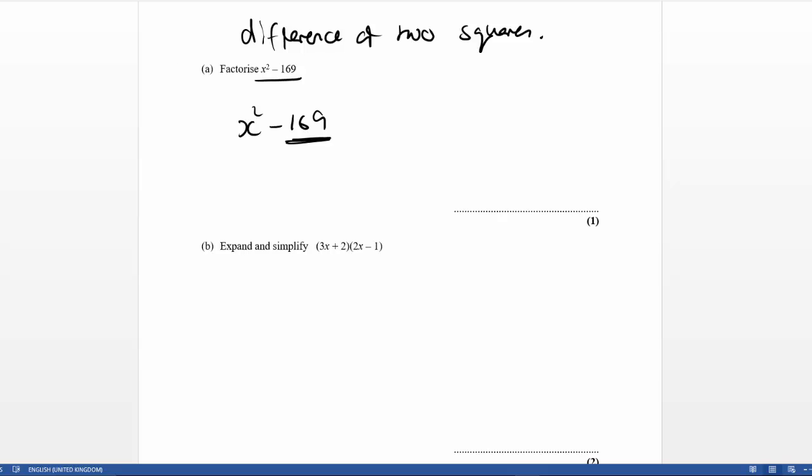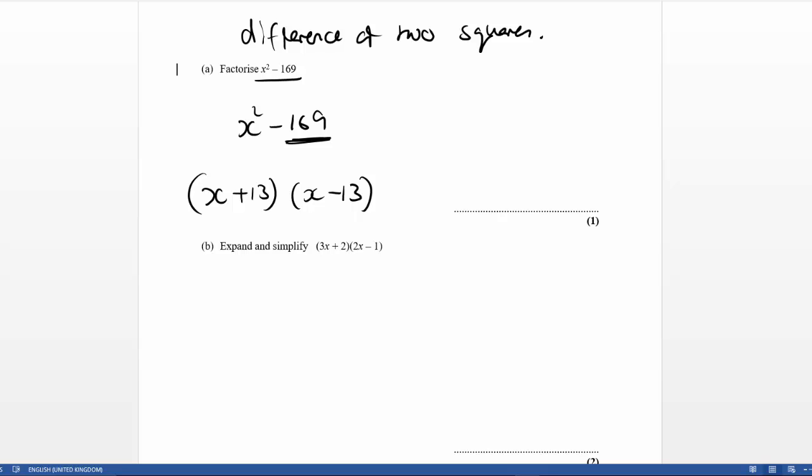Square root it, you're going to get 13. All you're going to do is just do x plus 13, x minus 13. That is it. You square root, you get minus 13, you get plus 13. Really straightforward stuff, and it's only one mark.